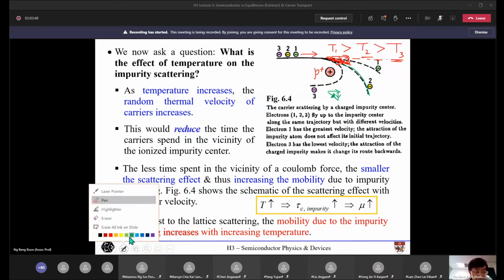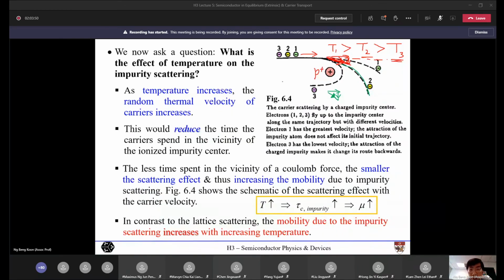And lastly, in the case of electron 3, the thermal velocity is even smaller, let's say like that, and then you add this same attraction force from the phosphorus atom, which results in a net velocity that is much more deviated from the original horizontal direction.